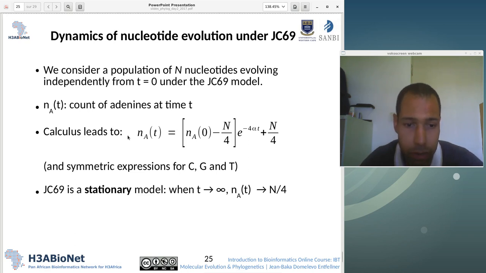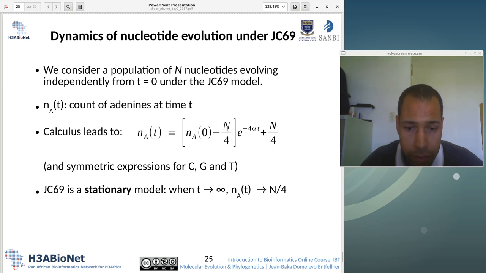With some calculus, we have this relation. This is the number of adenines at time t, and this was the number of adenines at time 0. Okay, the initial condition, the initial setup. Out of this uppercase N nucleotides at time 0, we had this amount, an integer, a number, of adenines in our mix.